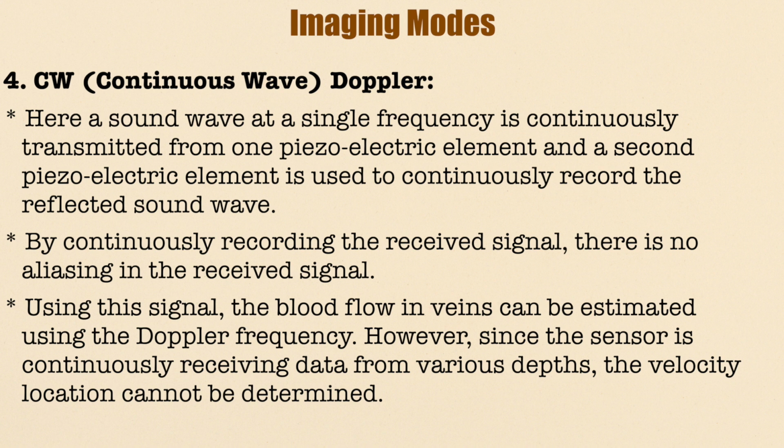By continuously recording the received signal, there is no aliasing in the received signal. Using this signal, the blood flow in veins can be estimated using the Doppler frequency. However, since the sensor is continuously receiving data from various depths, the velocity location cannot be determined.